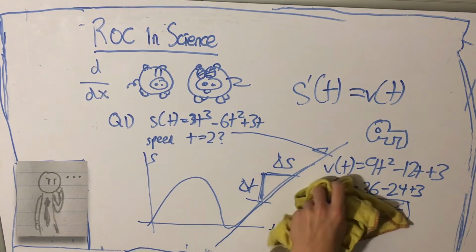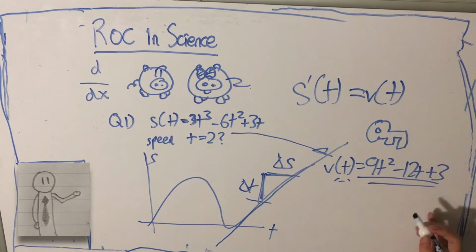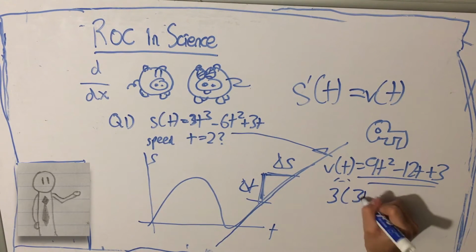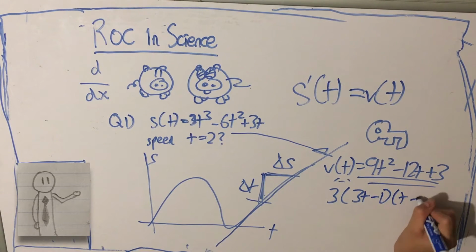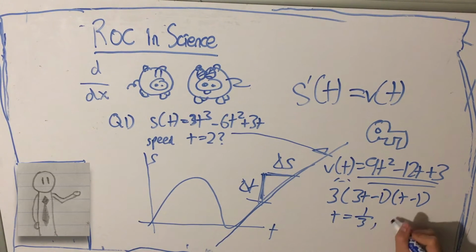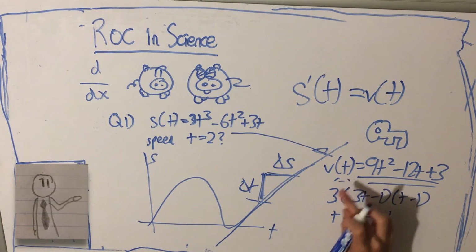So what else can we do with our newfound velocity function here? Well, we can find the zeros of it. We factor it out, and you'll be able to see that this function is 0 when t equals 1/3 and 1. So what does that mean? Well, this is the velocity function.